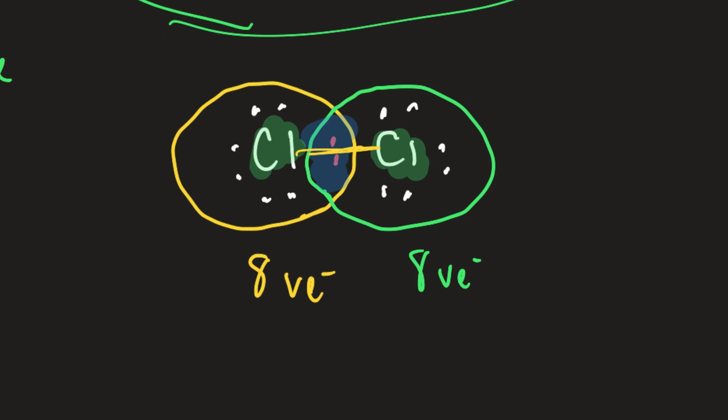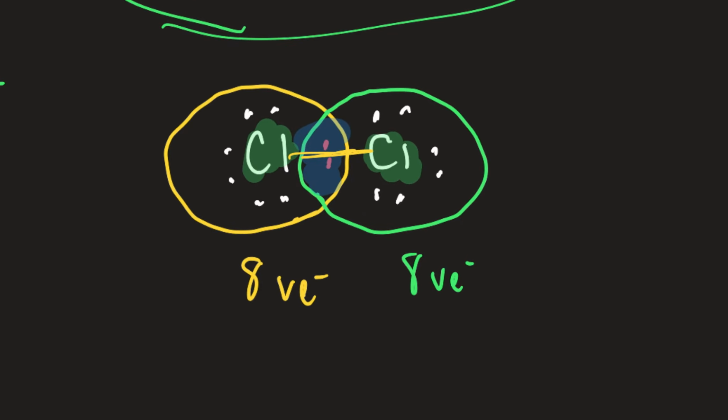When we're looking at these atoms in this molecule, what's going to happen is that you're going to have a repulsion effect. Actually, let me clean this up a little bit so that it makes sense. I'm going to get rid of these circles.